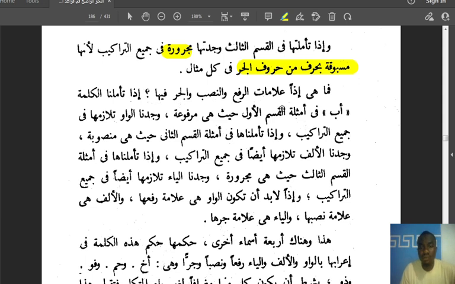In that case, what are now the signs of raf', nasb and then jar in this particular noun?